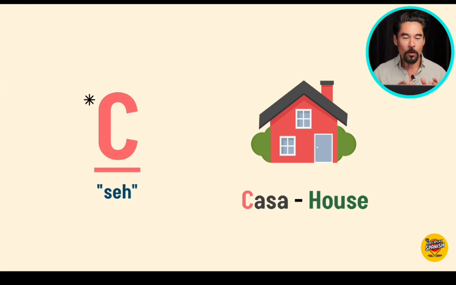Okay, so right now, just for the sake of simplicity, we're going to take a look at the word casa for the C, casa, which means house. But a bit later in this lesson, we're going to break down all the letters that follow C and how that changes the pronunciation. All right. But for now, let's just take a look at the word casa and then we'll come back to it towards the end of the lesson.